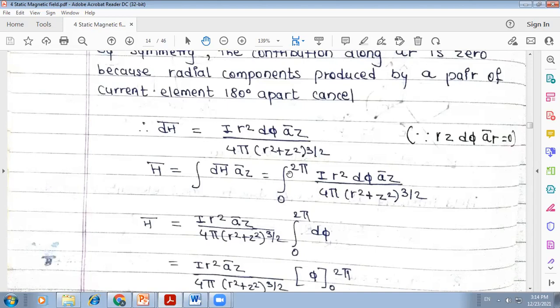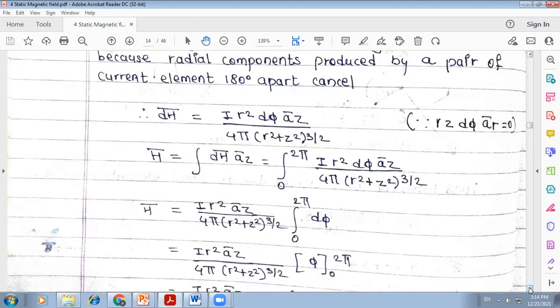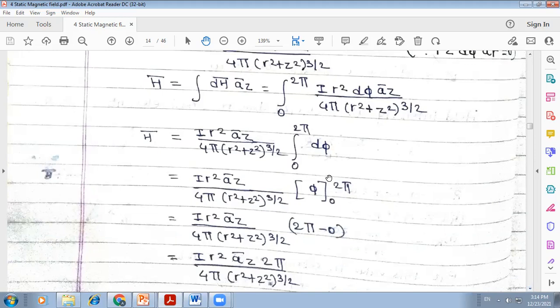All others are constant, with no phi term, so we take them outside and integrate d phi from 0 to 2 pi. Integration of d phi is phi, so it is 2 pi minus 0.